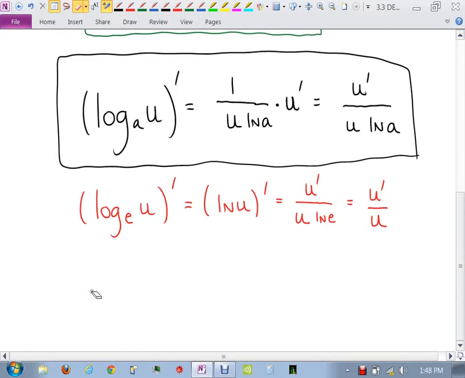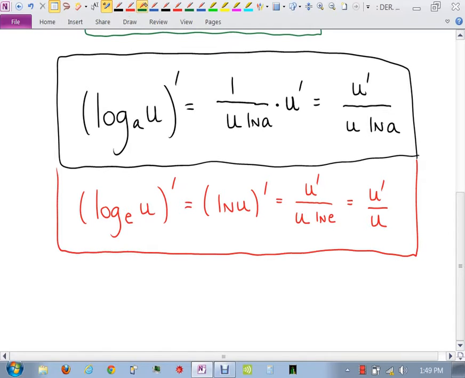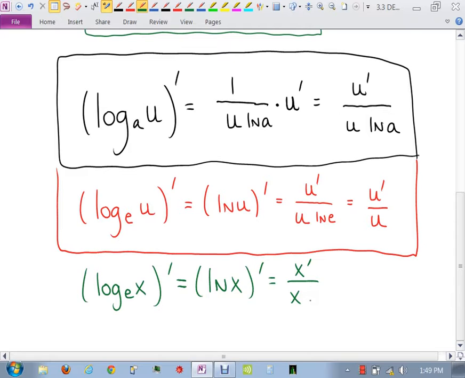All right, now I'm going to do in green what we get when our junk is just x. So what's the derivative of log base e of x? Again, we would never write that. We would write ln x. The derivative of ln x is x prime over x, since natural log of e is 1.